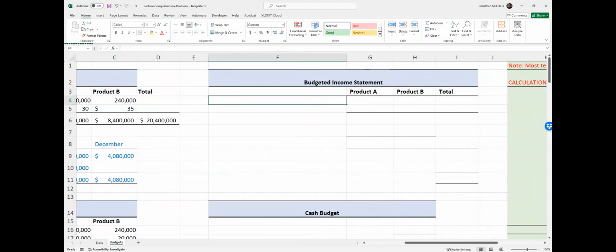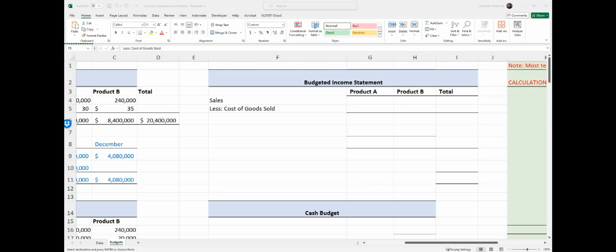Okay, so with our budgeted income statement, of course, as you all know, our starting point will be our sales. What were our sales? And then from our sales, we will subtract our cost of goods sold to get to our gross profit.